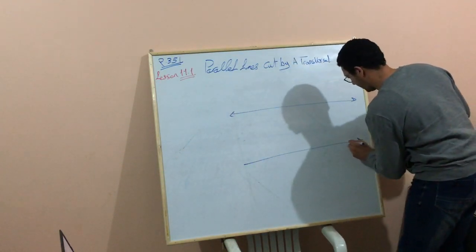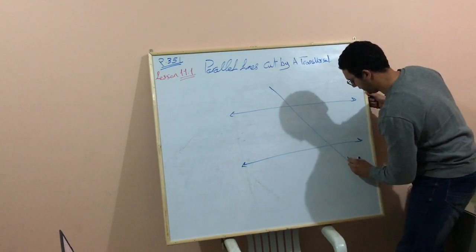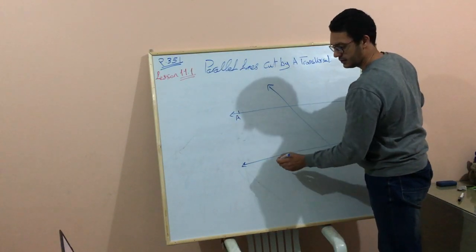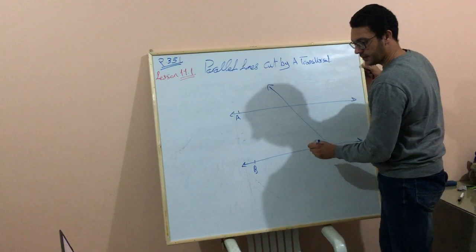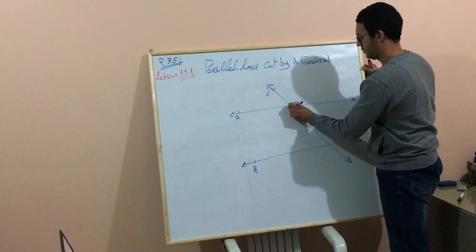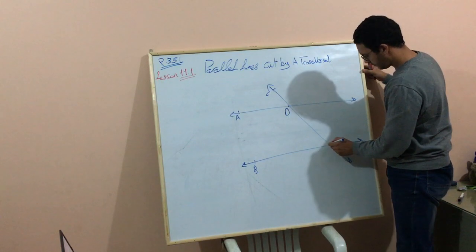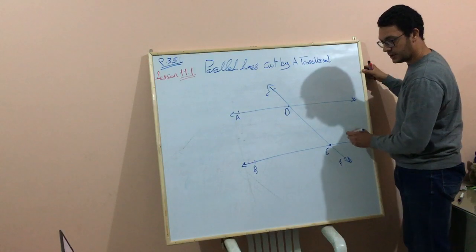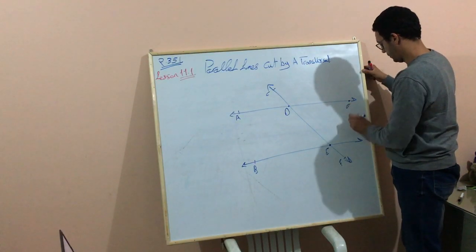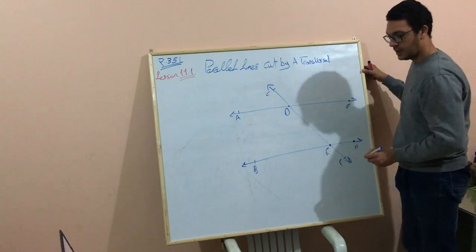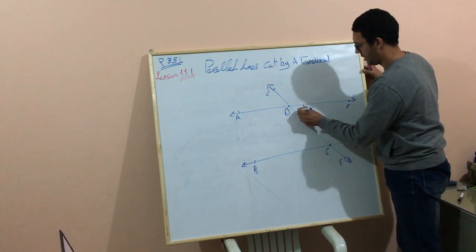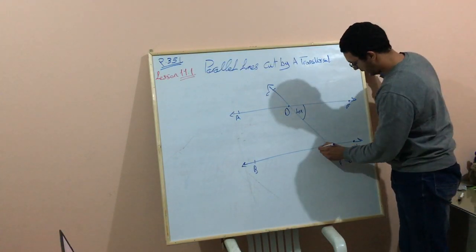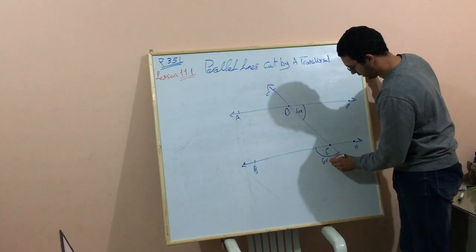Here we have these two parallel lines, and this is a transversal. وعندنا هنا A, B, C, D. This one is E, F, G, and H. This angle measures 4x, and this is an unknown value. And this angle equals 6x.